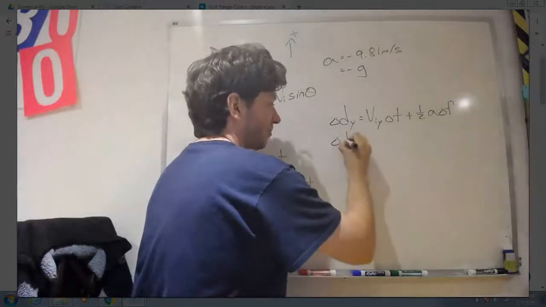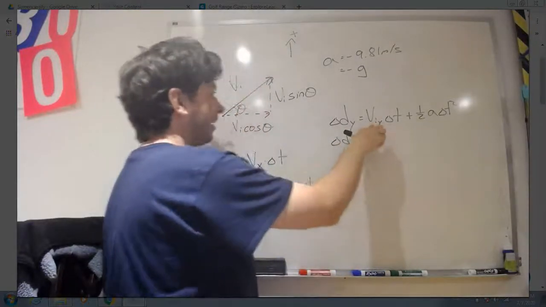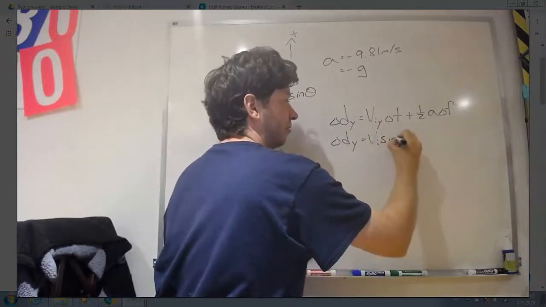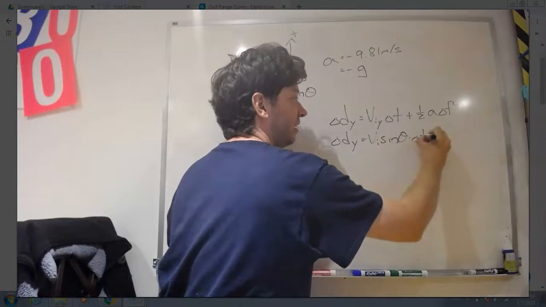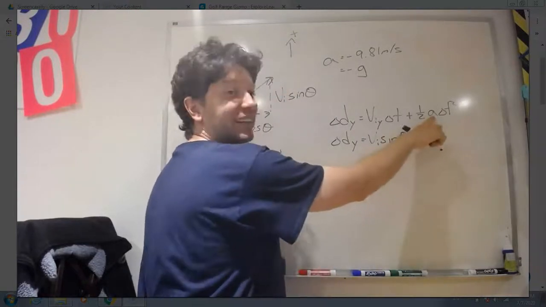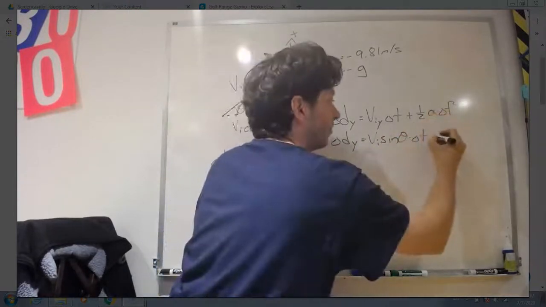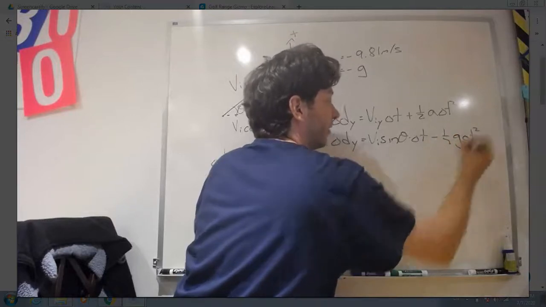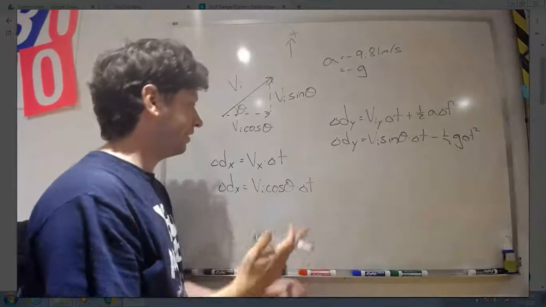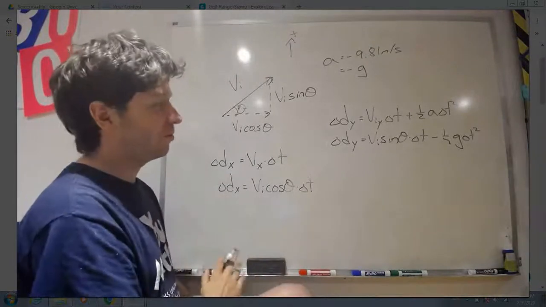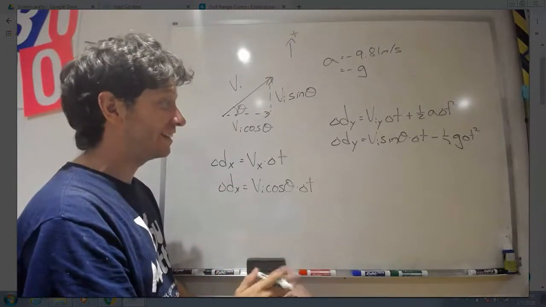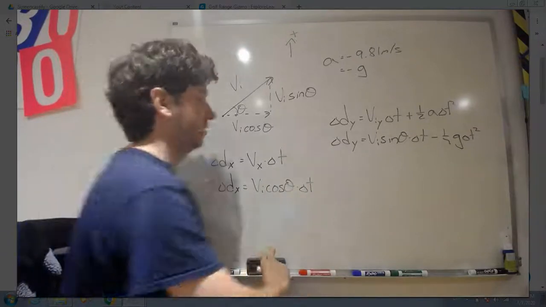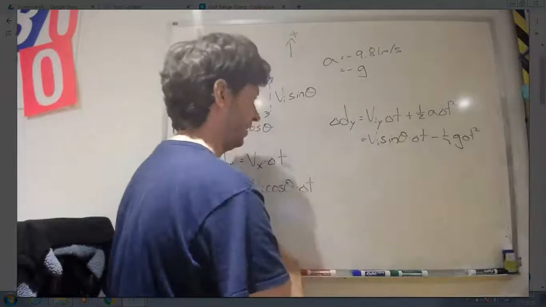So I'm going to do some subbing in here. VIy, you know, is Vi sin theta times delta t. And then I'm going to substitute a negative g for a. So minus 1/2 g delta t squared. All right. So it kind of looks like I'm almost stuck there as well, except I do know delta dy is 0. So let's put a 0 in for that.